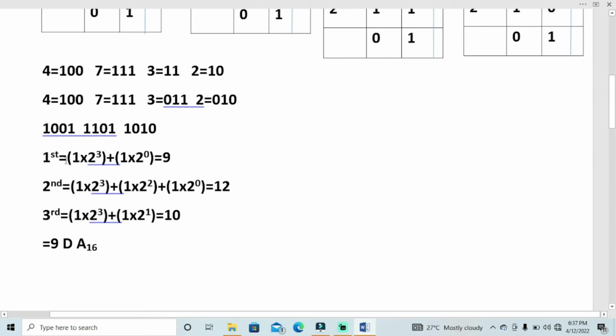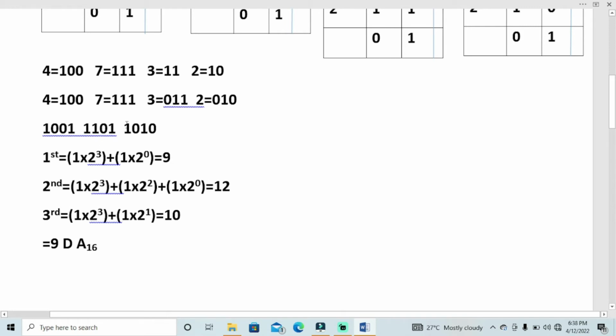For the first section, we count from the left in order to acquire the powers, and we ignore the zeros since any number multiplied by 0 is 0. So we have 1 times 2 to the power 3 plus 1 times 2 to the power 0, which is 8 plus 1, equal to 9.